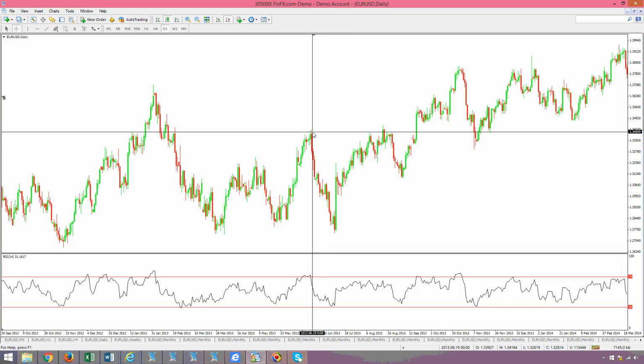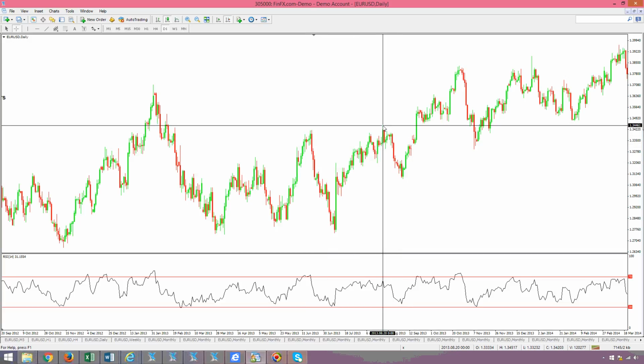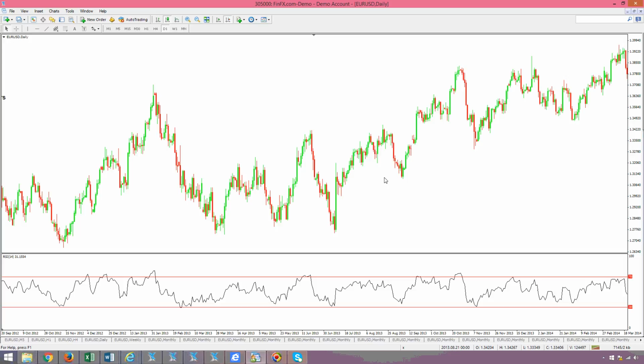This is a high here, and then another marginal high, but the oscillator is not confirming. This is called the bearish divergence, as price moves to the upside while the oscillator is pointing to the downside. At this moment we would like to engage in trading a put option.